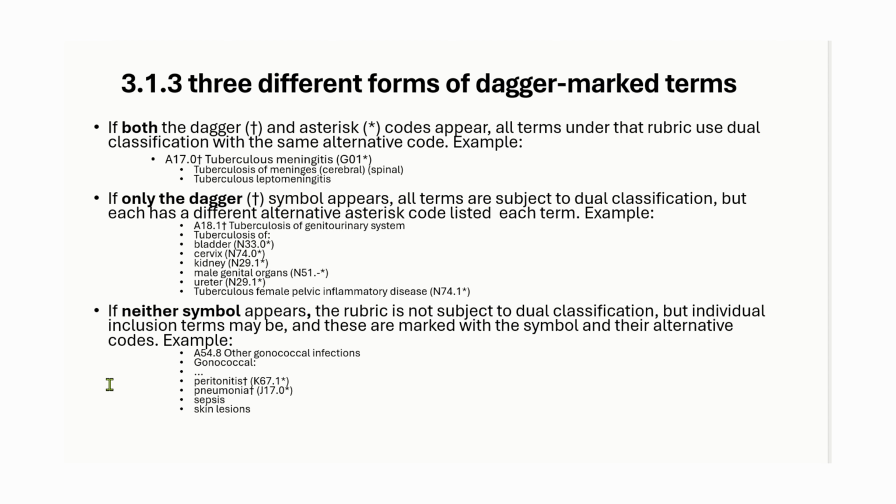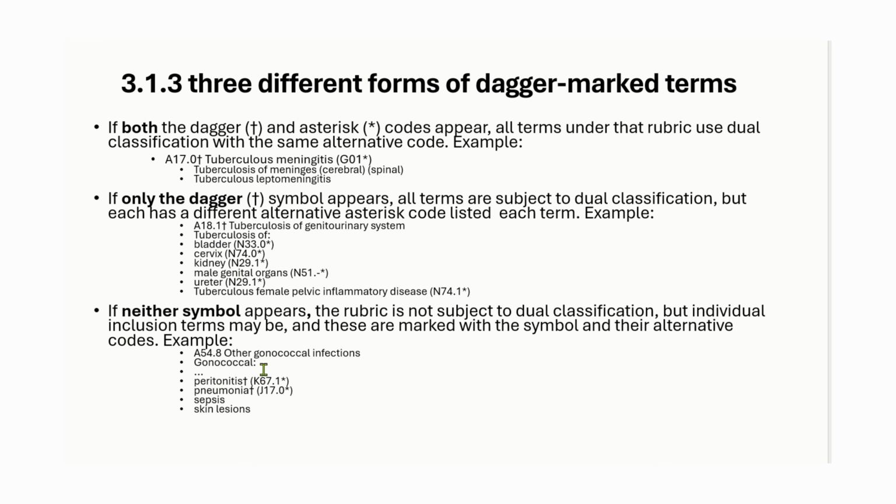And in the third form, neither symbol appears. The rubric is not subject to dual classification, but individual inclusion terms may be, and these are marked with a symbol and their alternative examples.